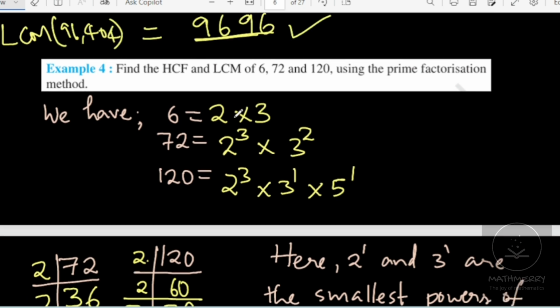Now we have the prime factorization of all the 3 numbers. For the HCF, we have to look for the common factors, then look for the least power. In all the 3 numbers, we have 2 and 3, so 2 and 3 are the common factors.